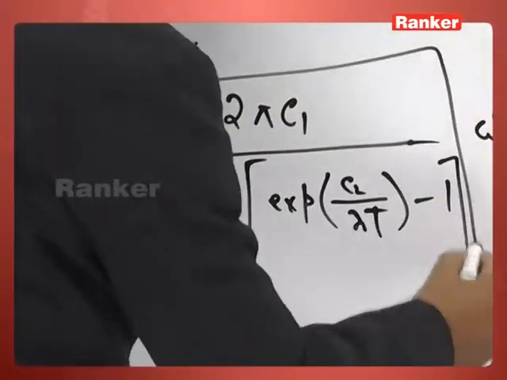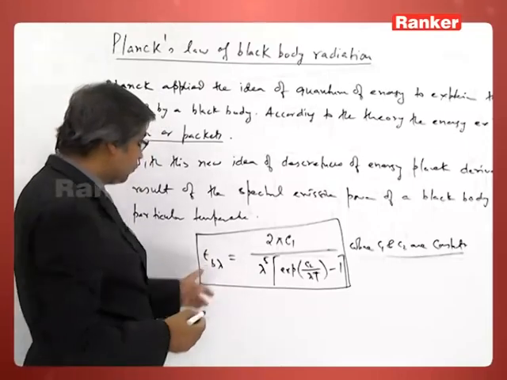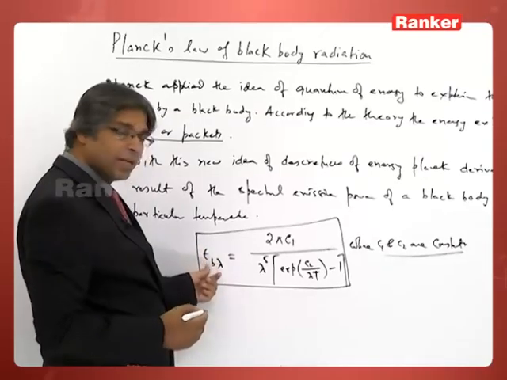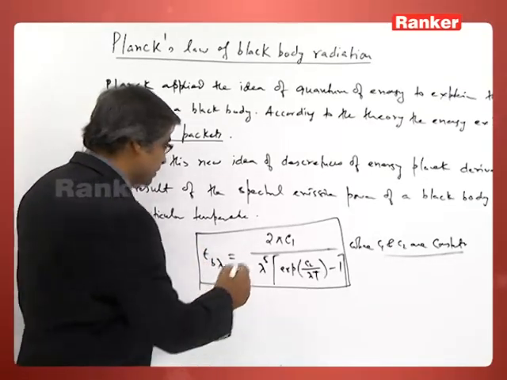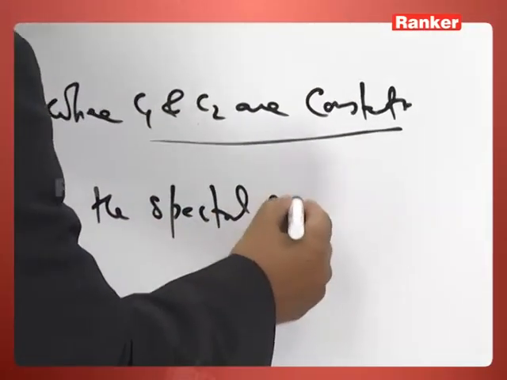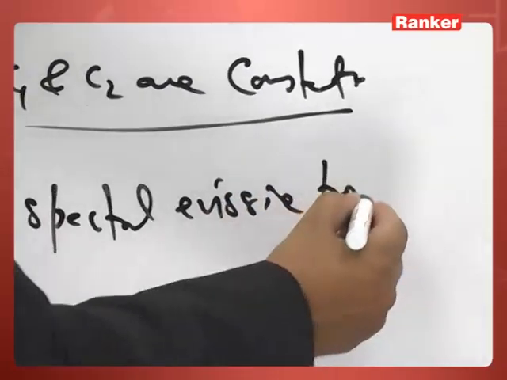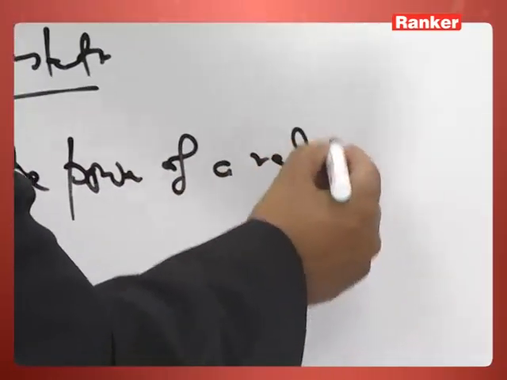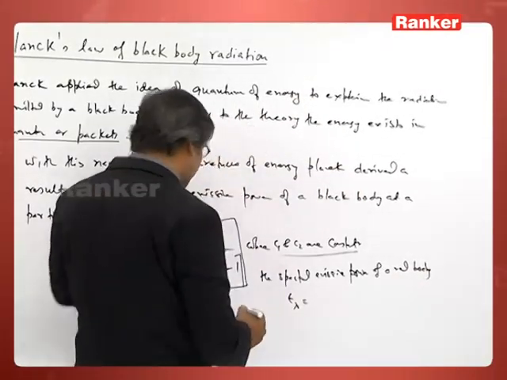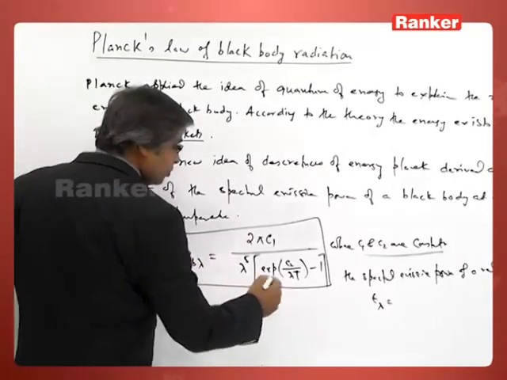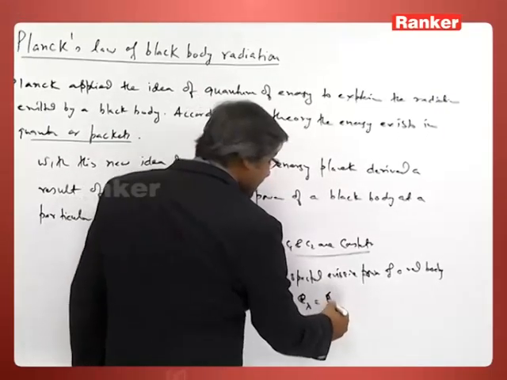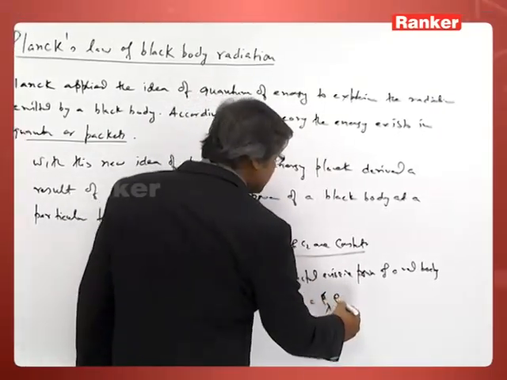This law is valid for a black body. For a real body, the spectral emissive power, that is E lambda, will be given by the emissivity, that is spectral emissivity at lambda, times EB lambda.